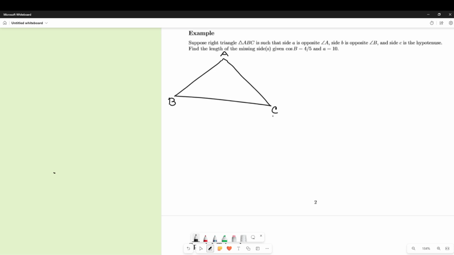Such that the side a opposite angle A, standard notation, side a opposite angle A, side b opposite angle B, side c opposite angle C. It is standard for angles or vertices to be capital letters and side lengths and sides to be lowercase. We're told here that side c is the hypotenuse, which means this is the right angle.